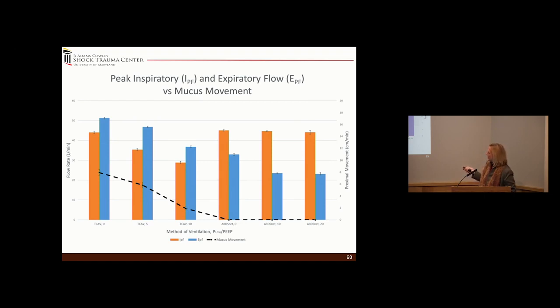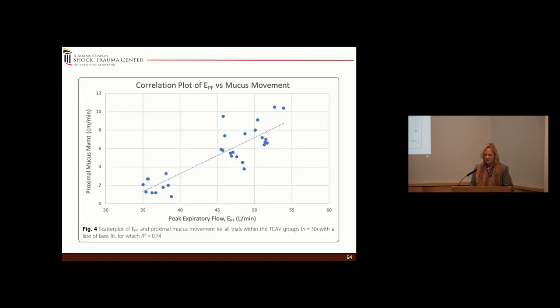When we compared that with conventional ventilation, there was really no proximal movement of the secretions, but as you went to 75% on TCAV, the movement of secretions increased dramatically. And here's just a plot of mucus movement. You've seen it all.